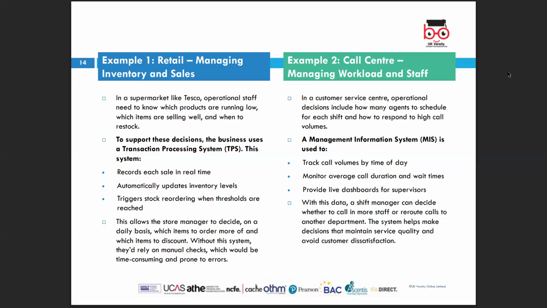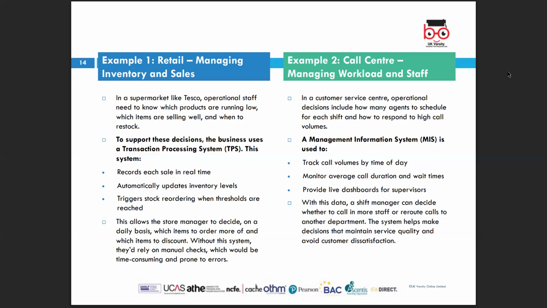Another example could be a call center, where managing workload and staff is key. With the customer service center, operational decisions can include how many agents to schedule for each shift and how to respond to high call volumes. So what does the management team do in this situation?